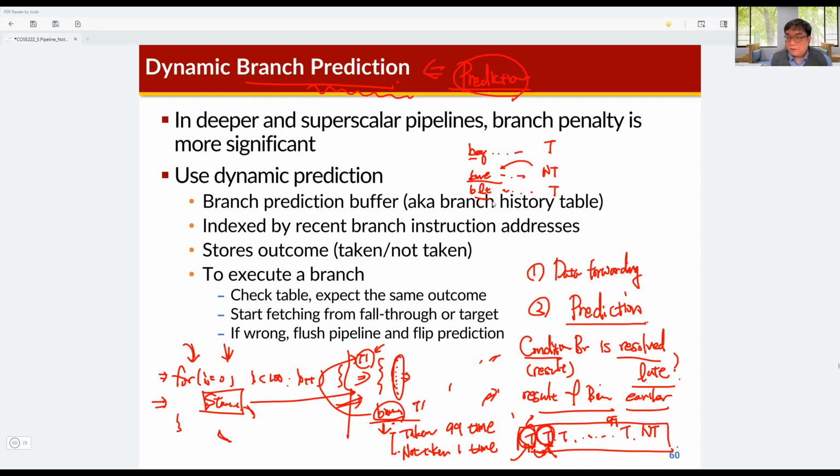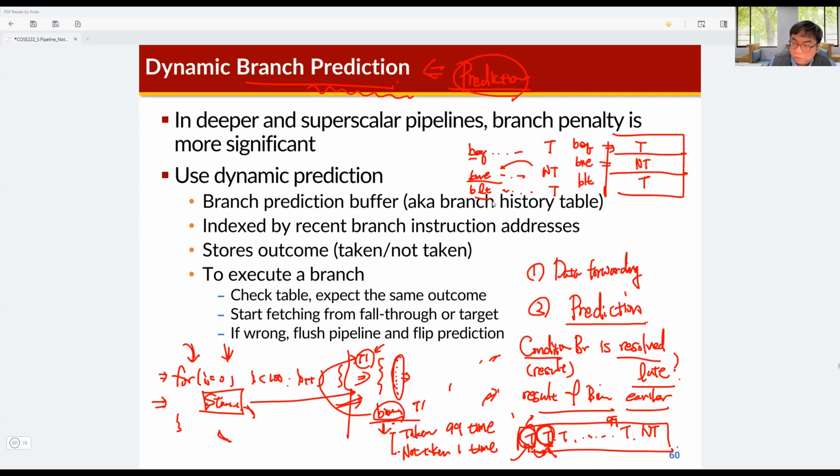So this is branch prediction. For branch prediction, we need to store some previous events, like taken, not taken, taken. This is the BEQ, BNE, or BLT.